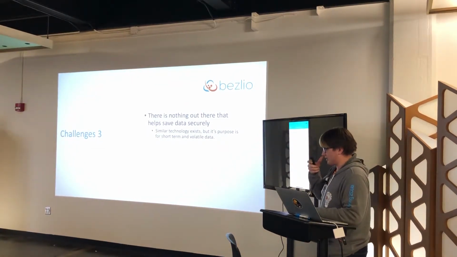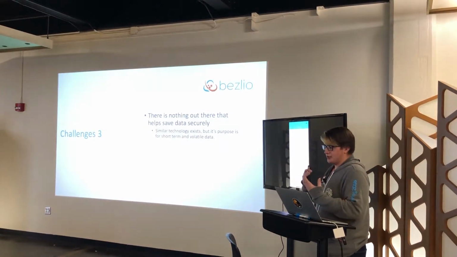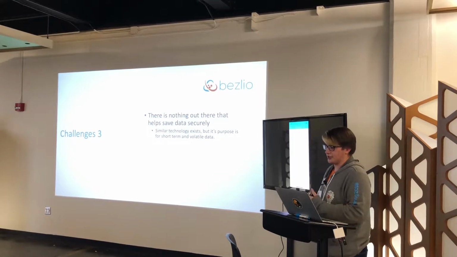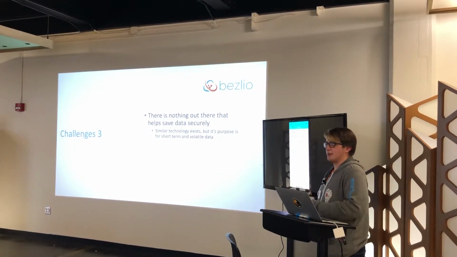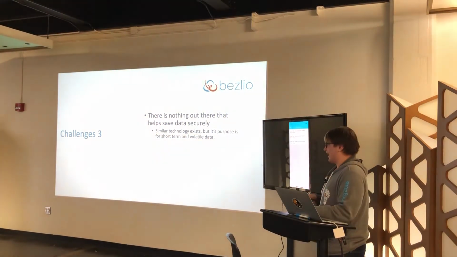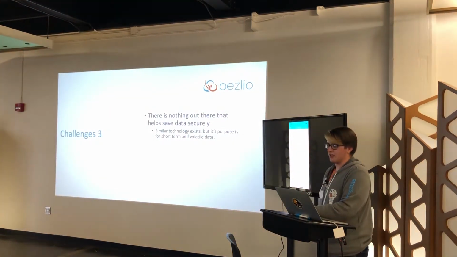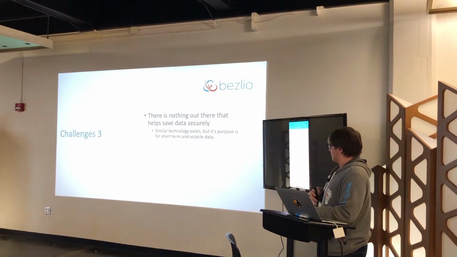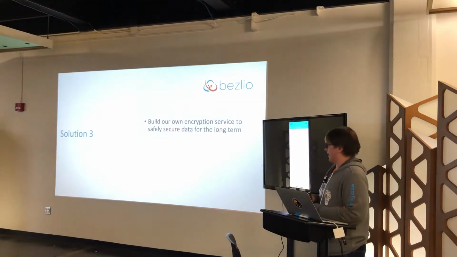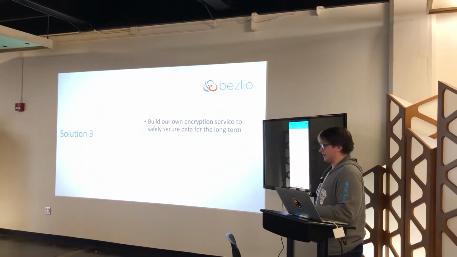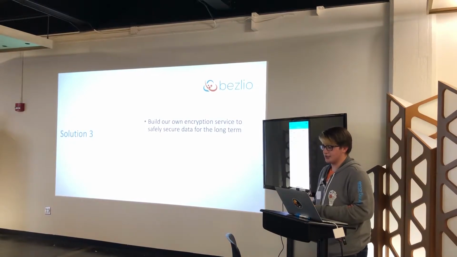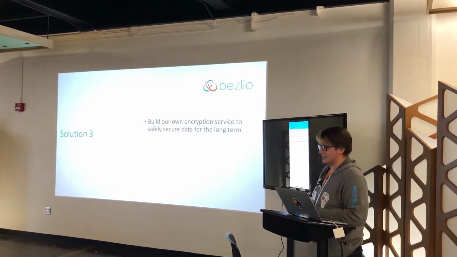We run it through an AES encryption and then an HMAC. We tried to use something out there called secure storage, which sounds exactly like what you would need. However, it was made for more short-term data that was considered more volatile. So we had to build our own encryption service that can safely encrypt and store long-term data into a SQL database.